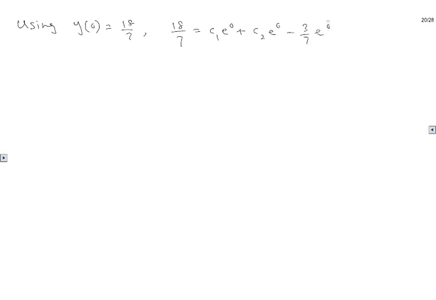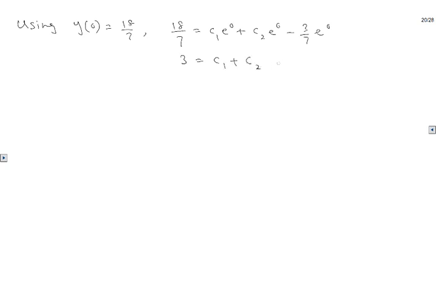If you simplify, what are you going to get? You have c1 plus c2, and if you bring this 3 to the other side, it's going to be 18 plus 3 means 21 divided by 7 means 3. So you have 3 equal c1 plus c2.